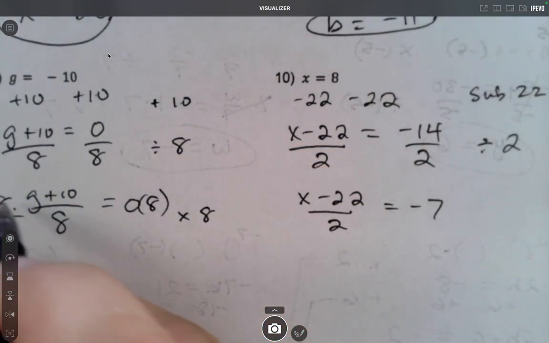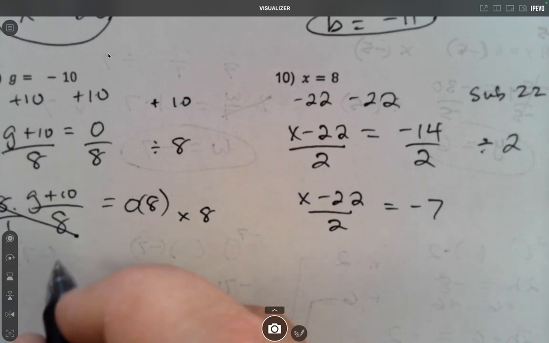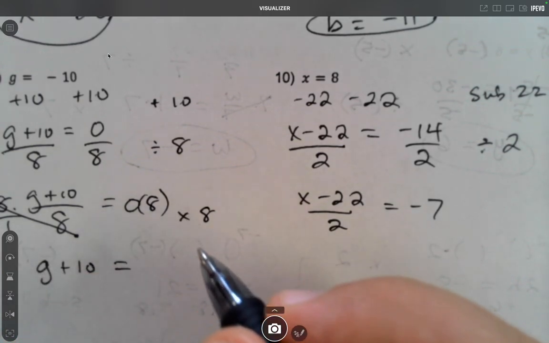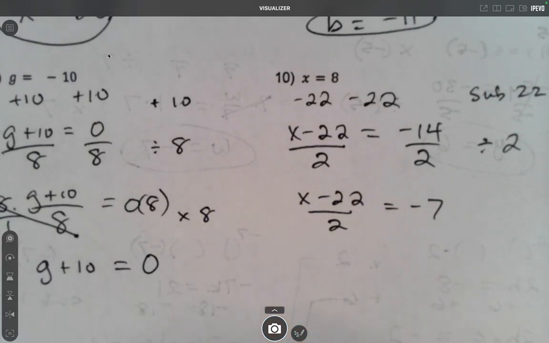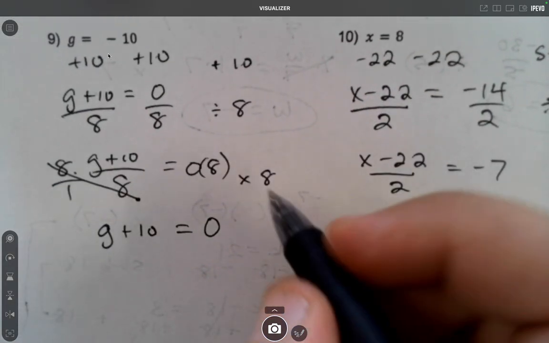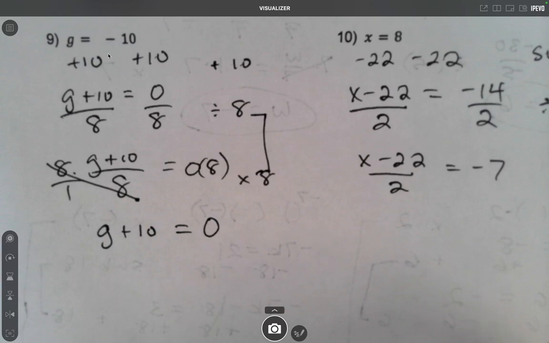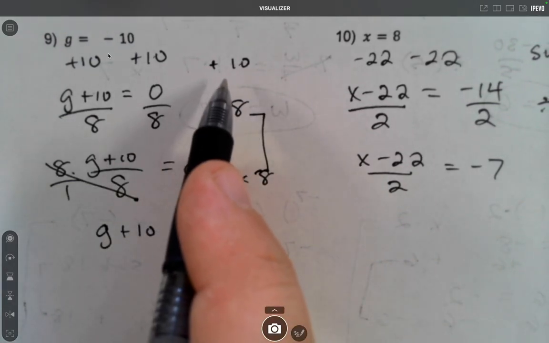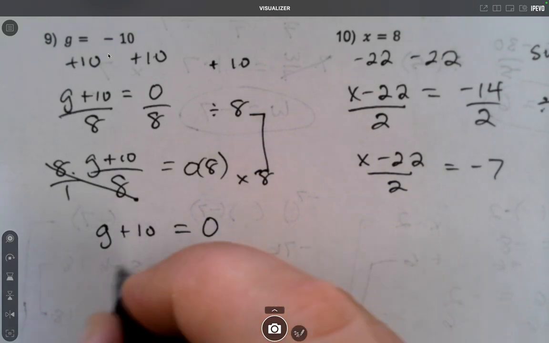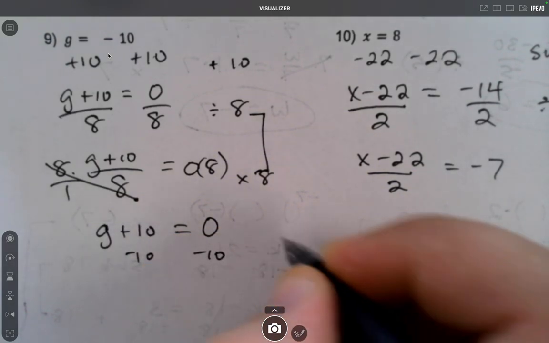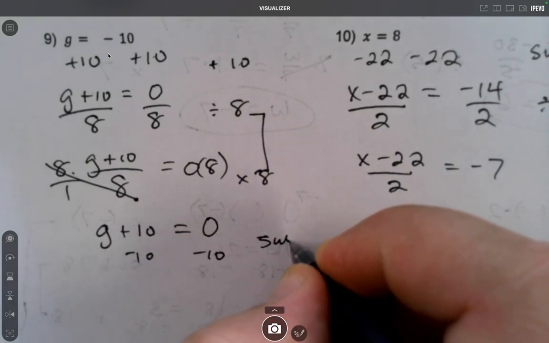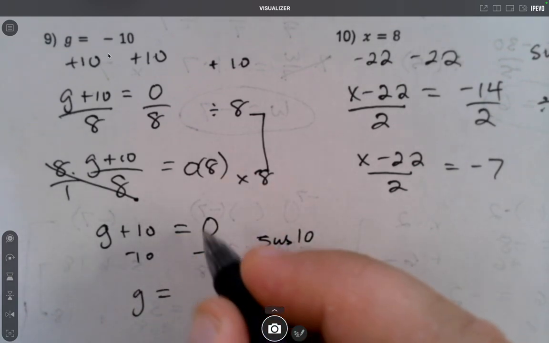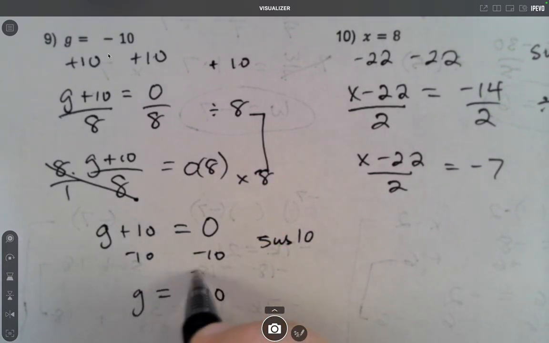This really is 8 over 8, so they cancel out because 8 over 8 is equal to 1. 0 times 8 is 0. So we took care of the 8 by doing the opposite of what he did. Now, g still has 10 added to it, which is what he did first, so we need to do the opposite and subtract 10 from both sides. 10 minus 10 is 0. 0 minus 10 is negative 10.